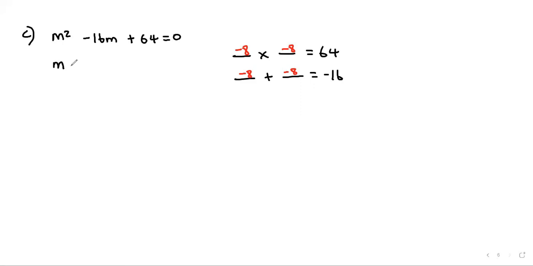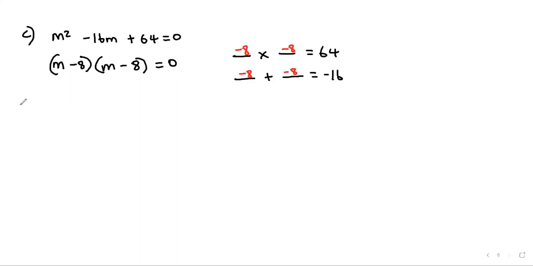So what should I write? m minus 8 into m minus 8 equals 0.